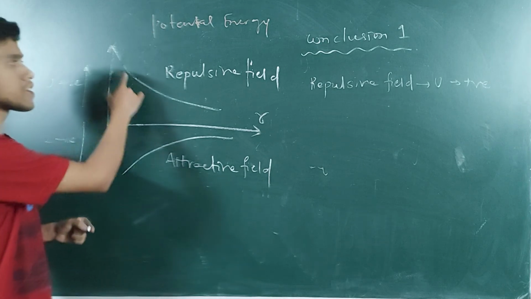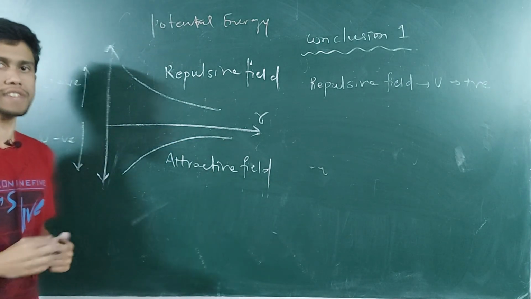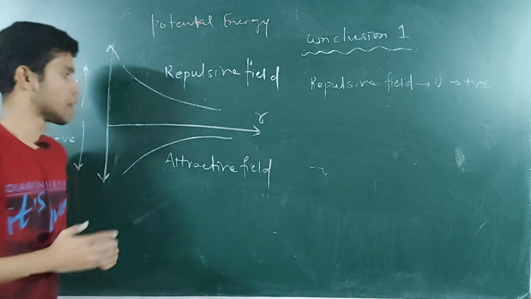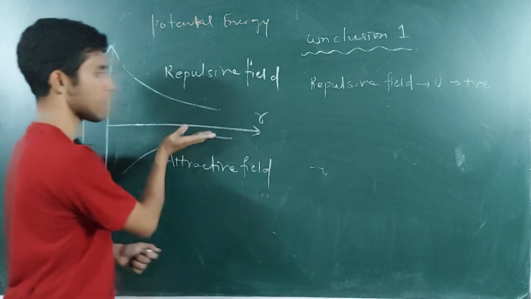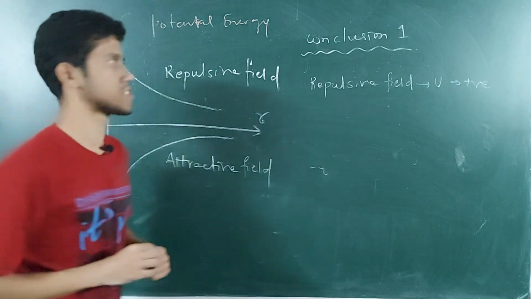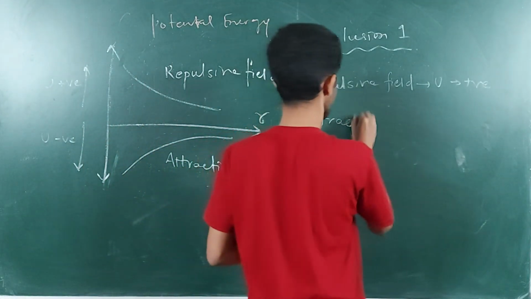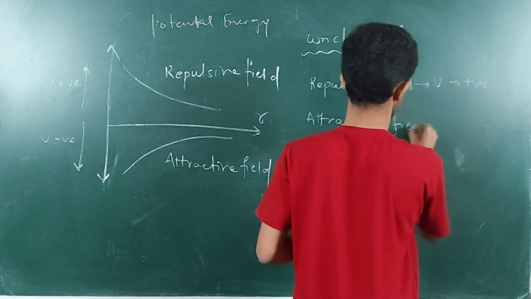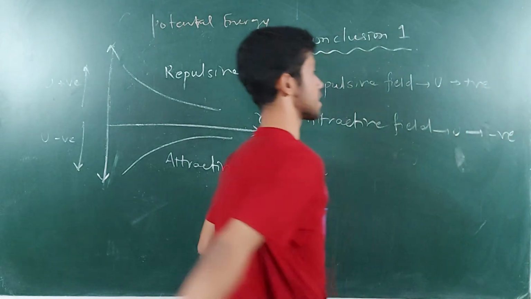You can see the graph of the repulsive field lies above the x-axis, that is, in the positive y direction, whereas the curve for the attractive field lies below the x-axis. That means it is in the negative y direction. So an attractive field has U negative.